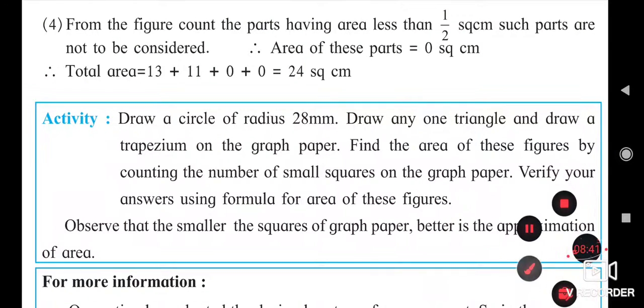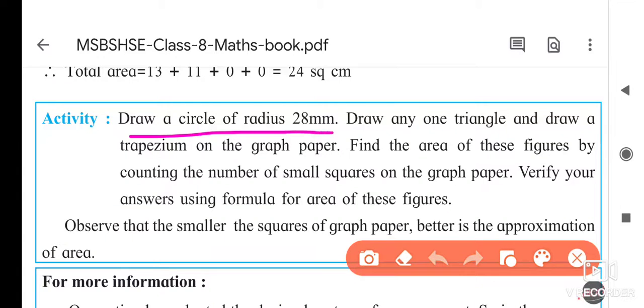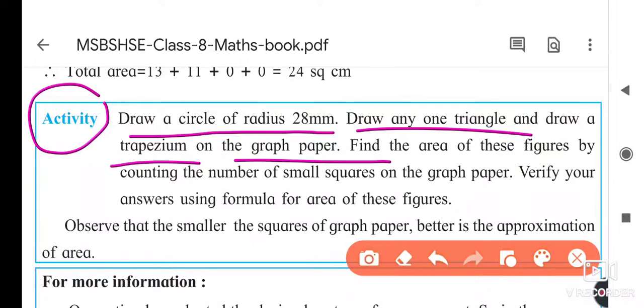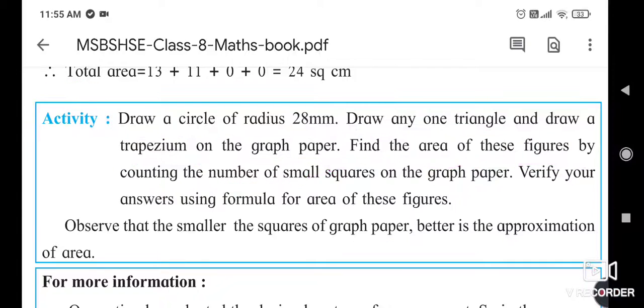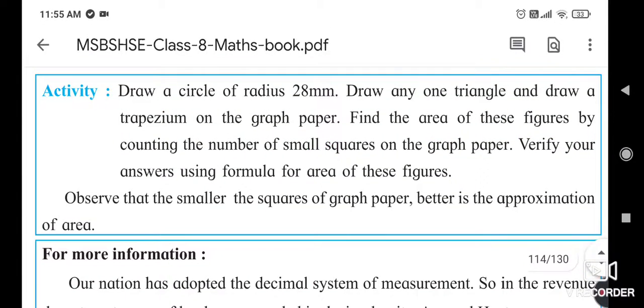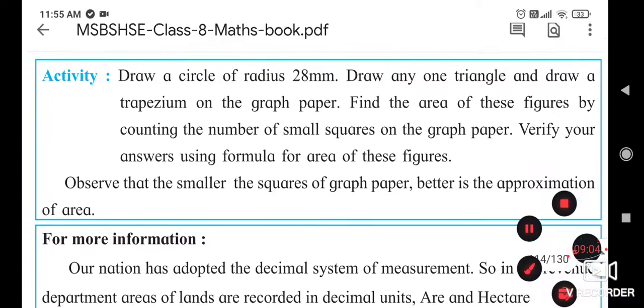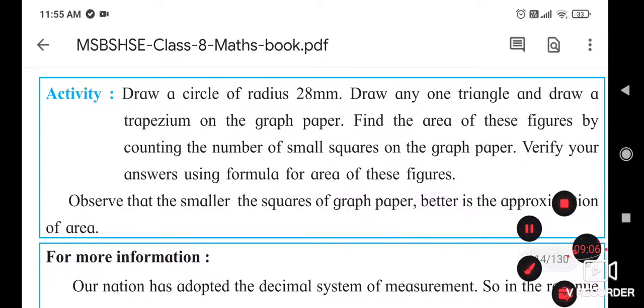Now here is the activity. Draw a circle of radius 28 mm. Draw any one triangle and a trapezium on the graph paper and find the area of these figures. So on graph paper we have to draw these shapes: a triangle and a trapezium.